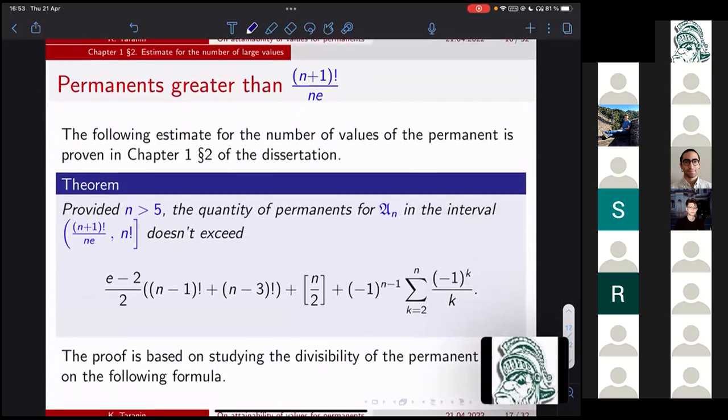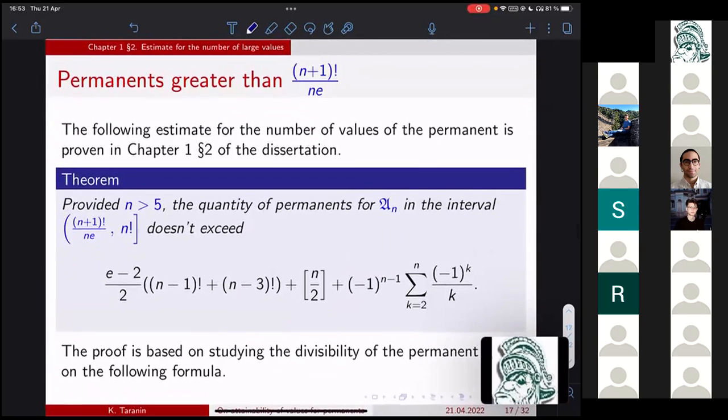Now, the main result concerning the large values is that the number of such large values, and large here means that it is above the greatest odd permanent, so this is this number that you see here.